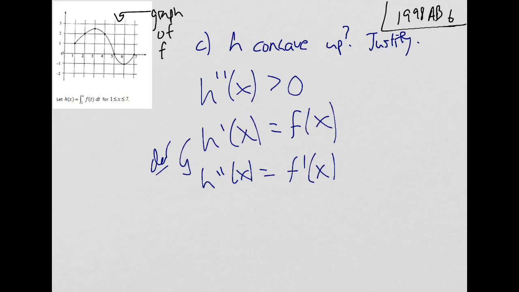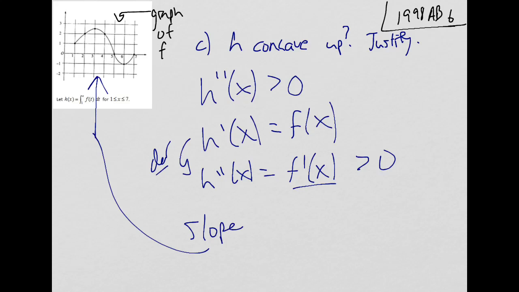So I want this to be bigger than 0. f prime is the slope of this graph. So I want the slope of this graph up here to be greater than 0, which means that the slope is positive. So that means that f is increasing.